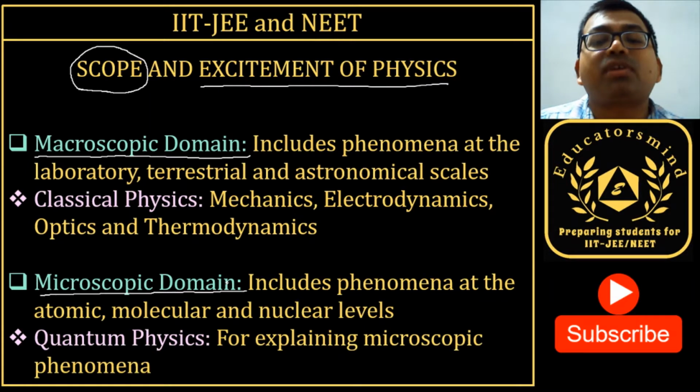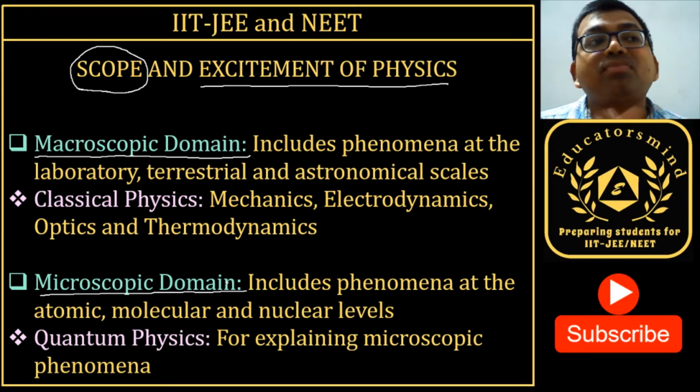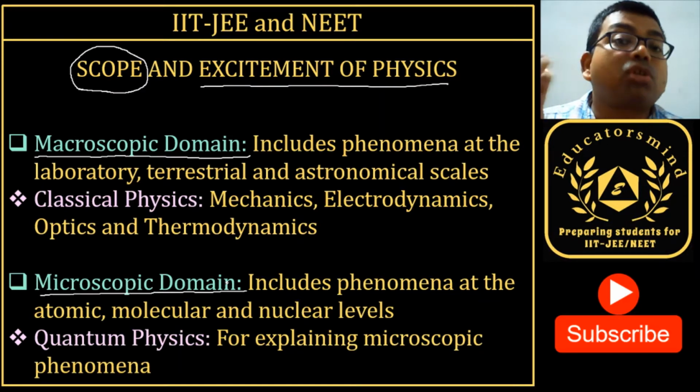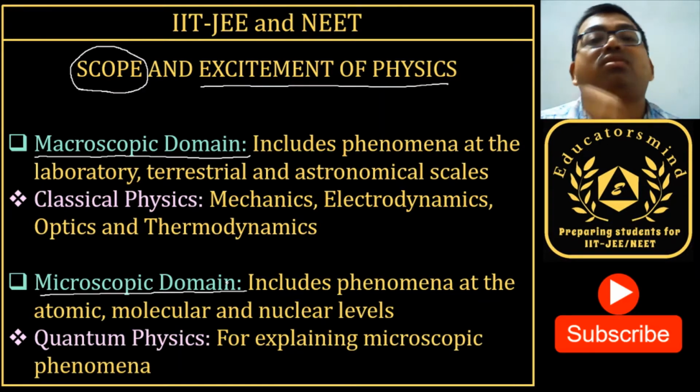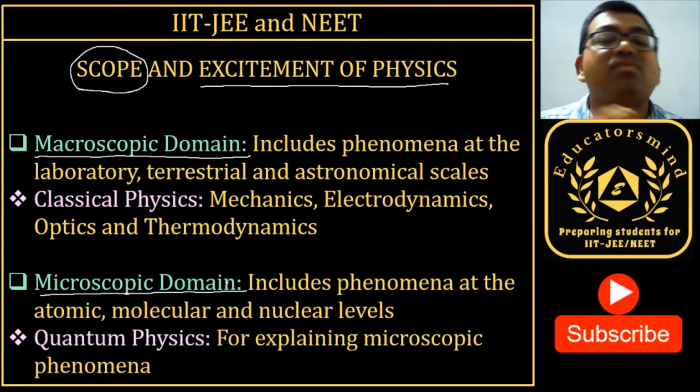For example, the motion of the planets around the sun in our solar system, how the planets are revolving around the sun.